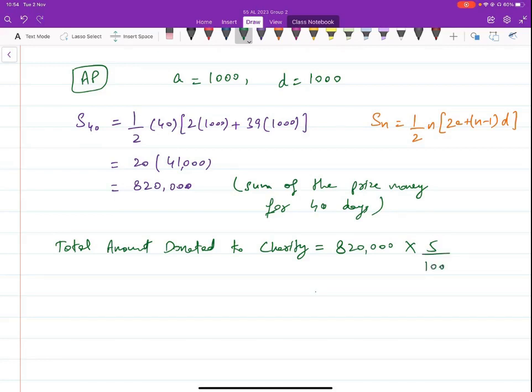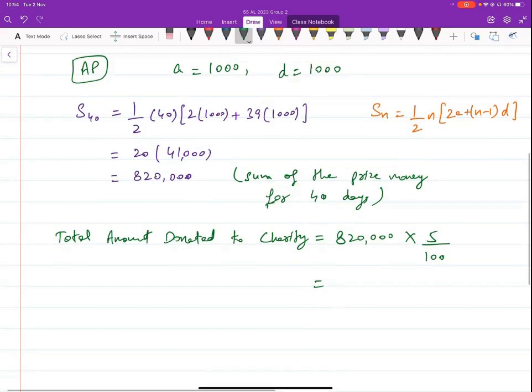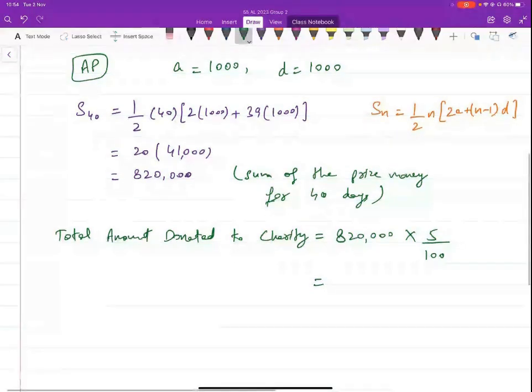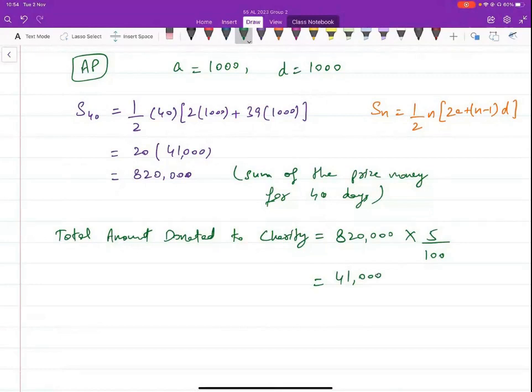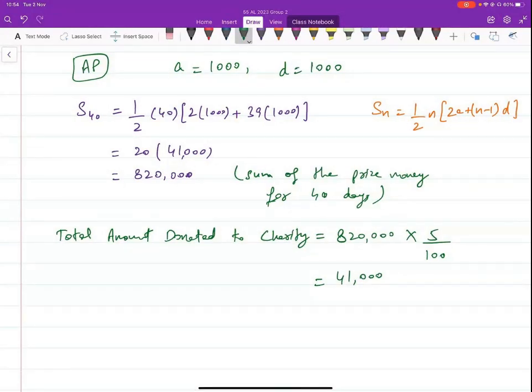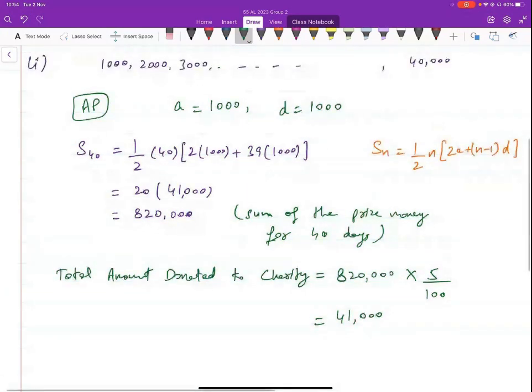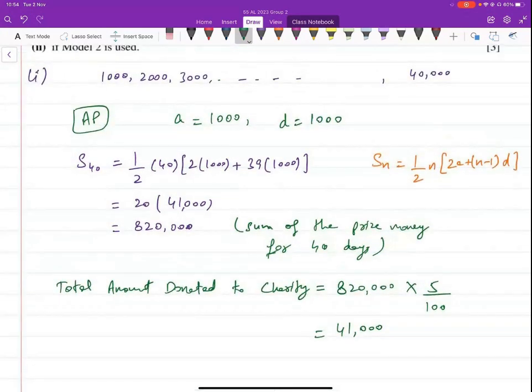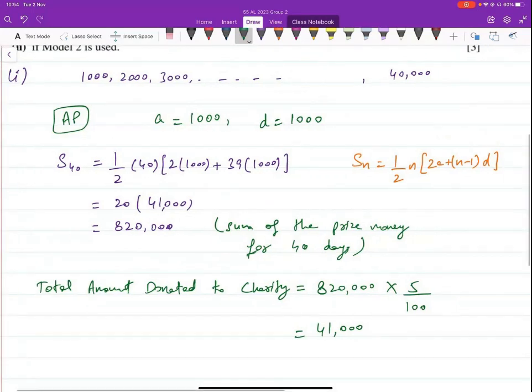And you can see what that turns out to be. What is this? 41,000? Okay, so this is 41,000. This is the total amount donated to charity in those 40 days. Is this clear to everyone? Yes. Yes, so we could do the other way as well.